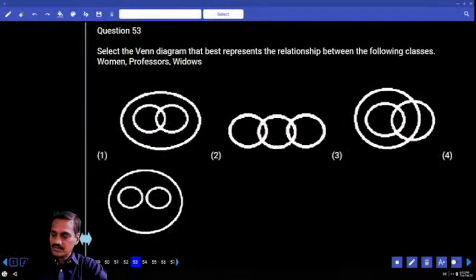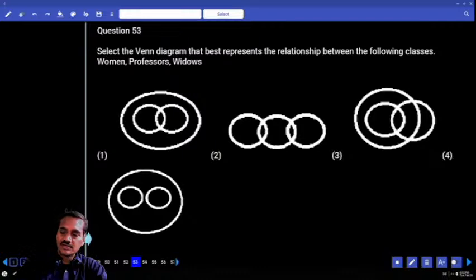representation and women professors and widows. Tell me what is the answer to this one. Women professors and widows. Then widow. All widows are what? All widows are women.